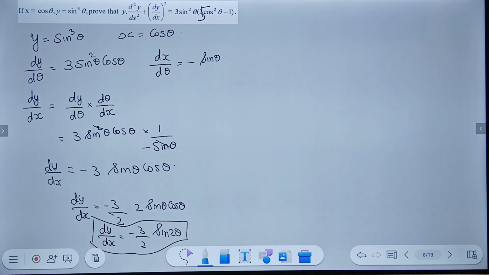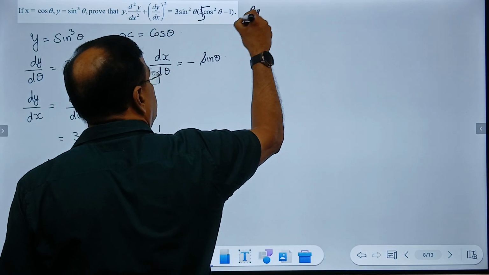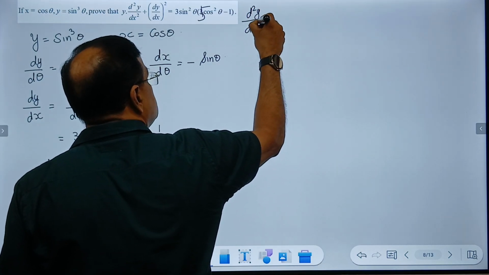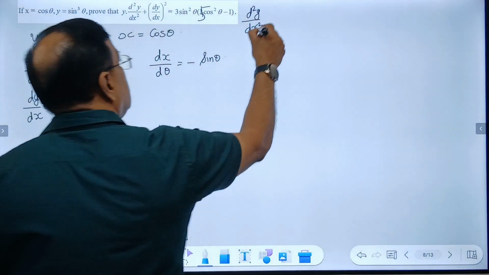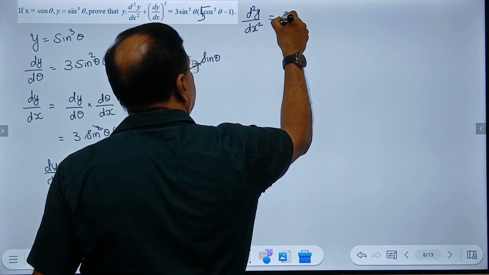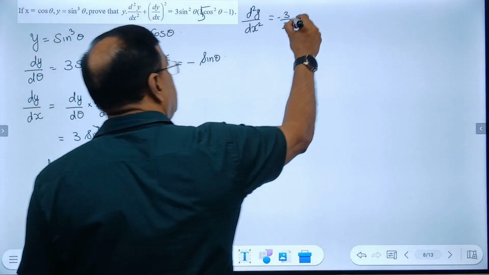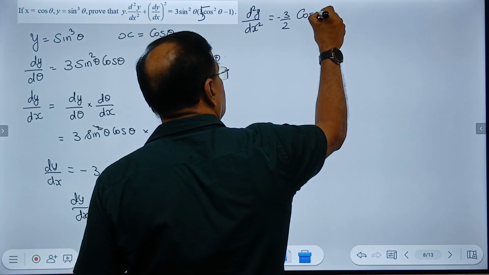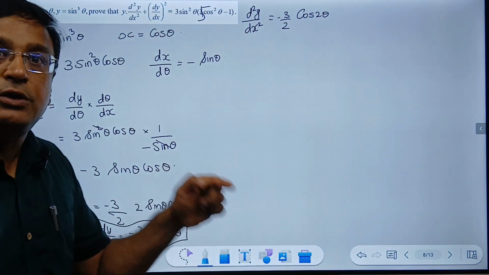Now I want to go for the second derivative, d square y by dx square. I am differentiating this with respect to x. Don't forget that. That is minus 3 by 2. What is differentiation of sine? It will be cos. Then what is differentiation of 2 theta with respect to x?